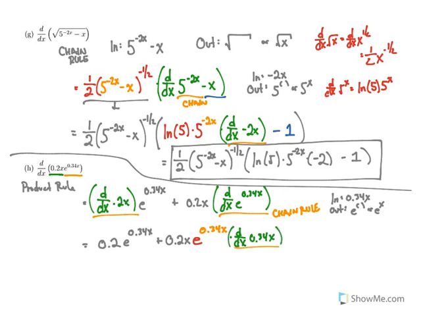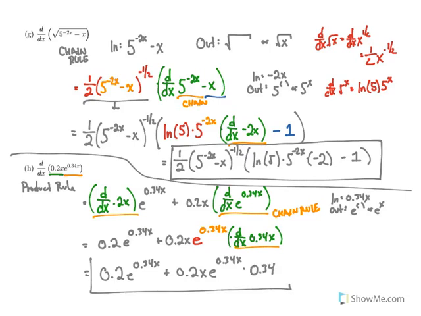We have one more derivative to do, and we can write our final answer. 0.2 e to the 0.34x plus 0.2x e to the 0.34x times 0.34. And there's our final answer.